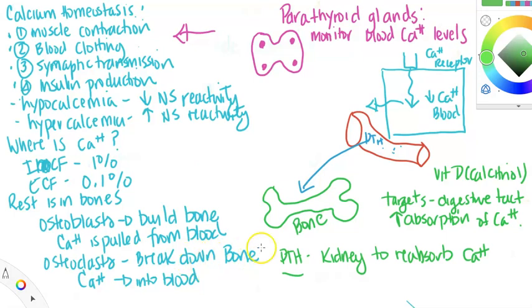All right, the last thing on calcium homeostasis is calcitonin. Let's do this in a different color. Calcitonin is a hormone that comes from the thyroid gland, not the parathyroid.